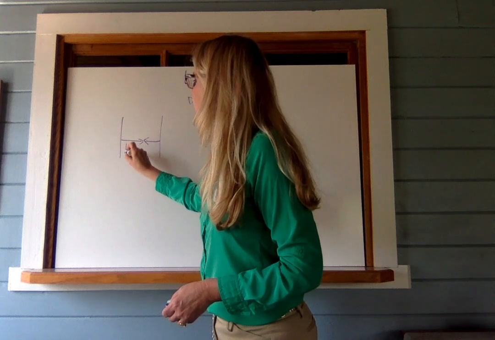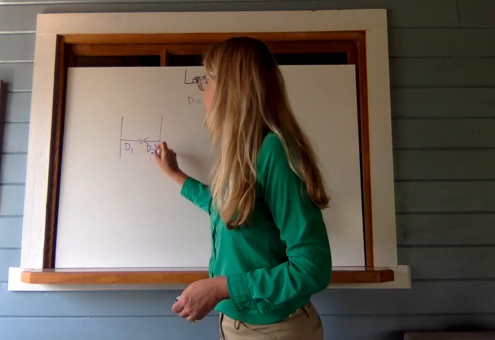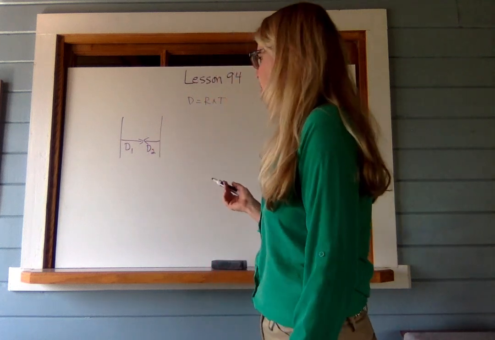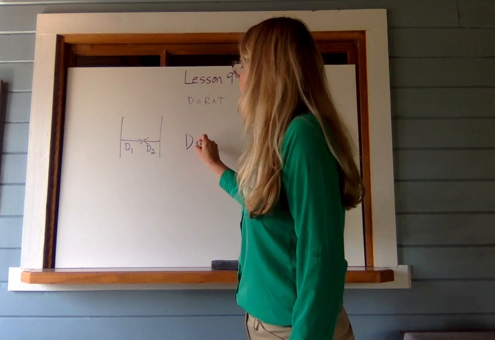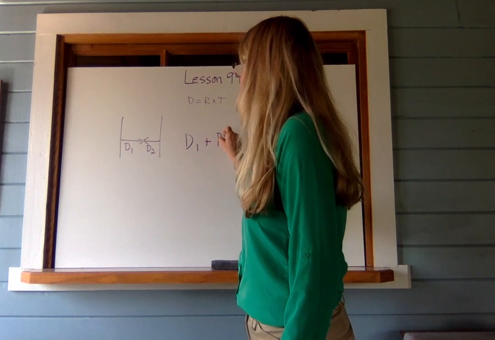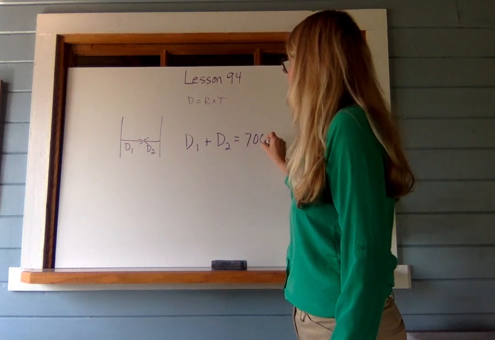We'll say distance 1 is ship 1 and distance 2 is our other ship. So our formula will be distance 1 plus distance 2 equals 700.